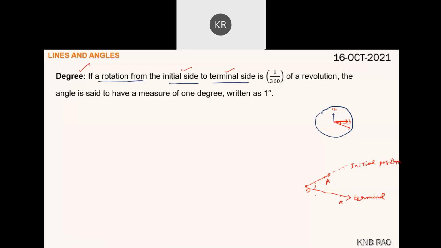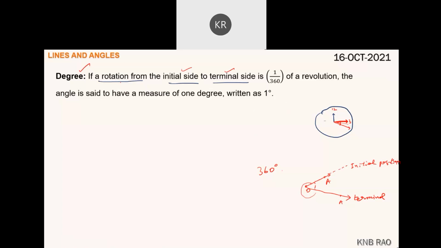If the same ray completely rotates and comes back to the same initial position once again, then it is said that it has rotated 360 degrees. Now, 1 upon 360th part of that revolution we call 1 degree.